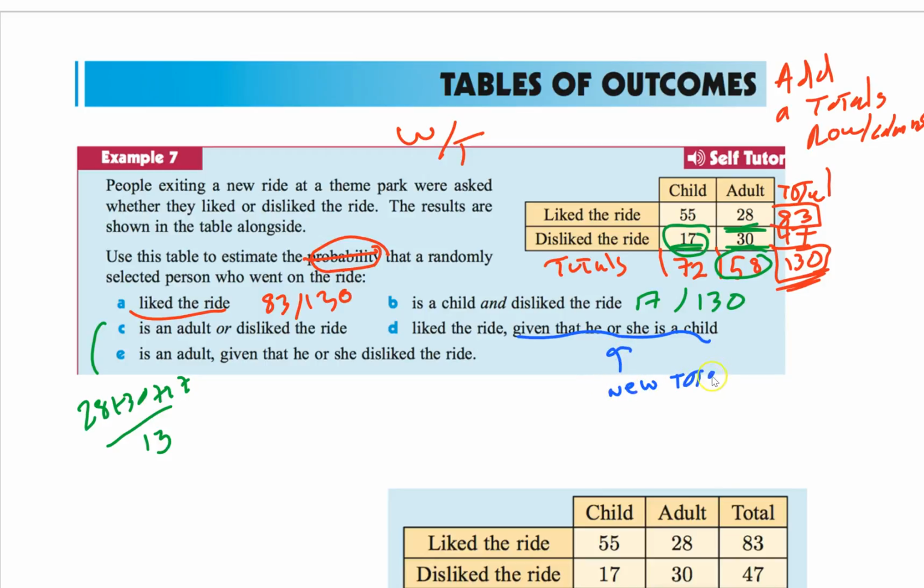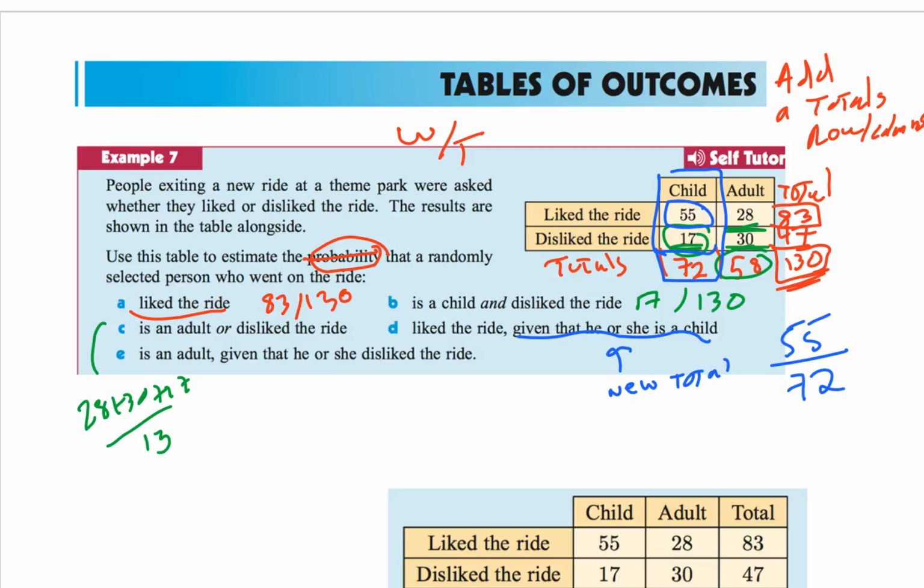The only thing you're looking at is the children, because all we know is that they're a child. So how many of them liked the ride? My want is liked the ride, but now we're only looking at children, so 55. And the total is the number of children there are, 72. And that's the answer for that one.